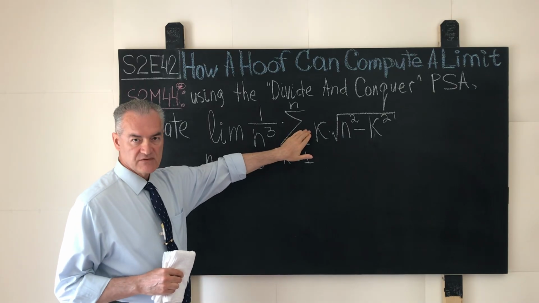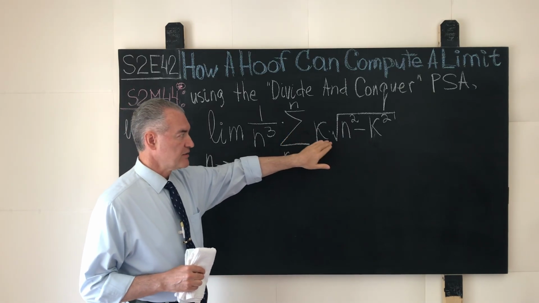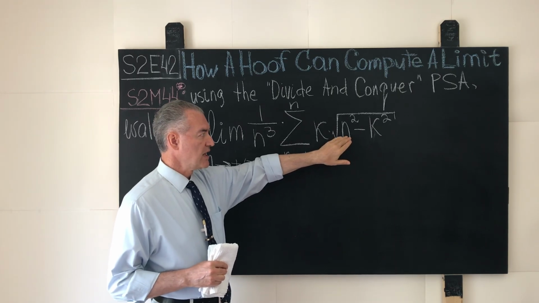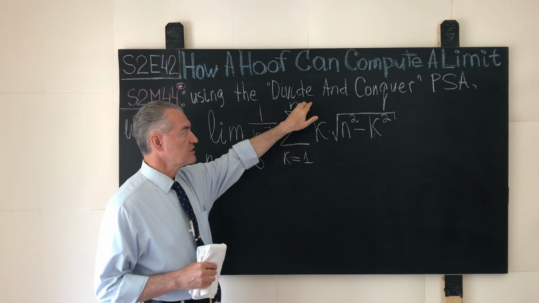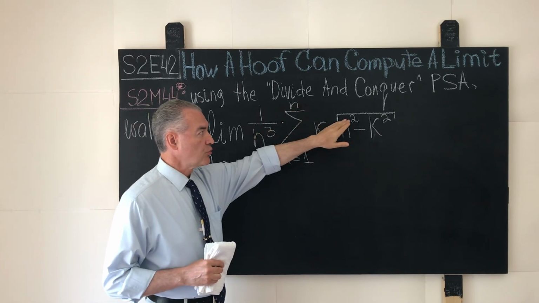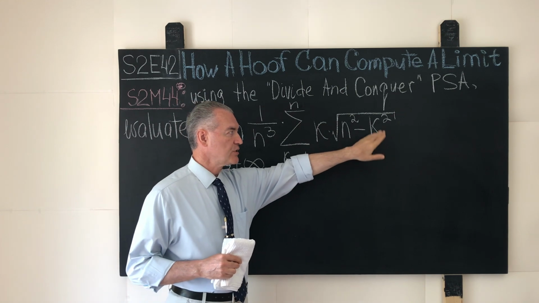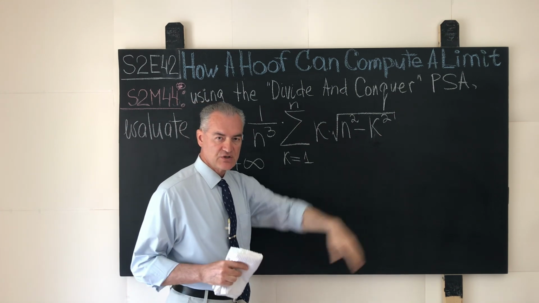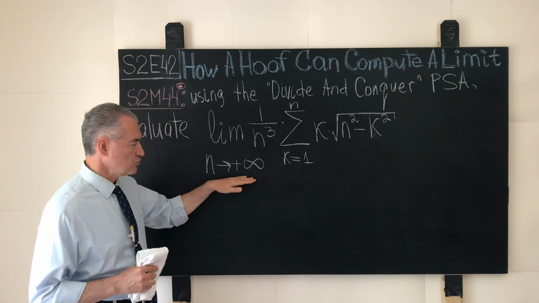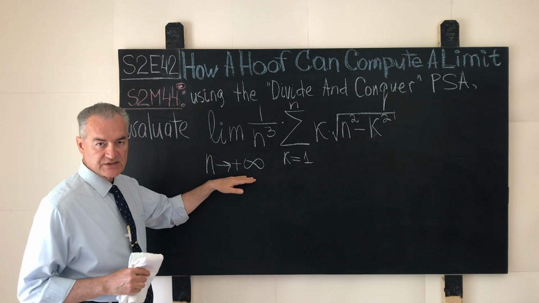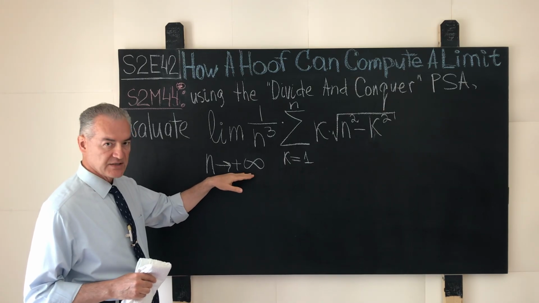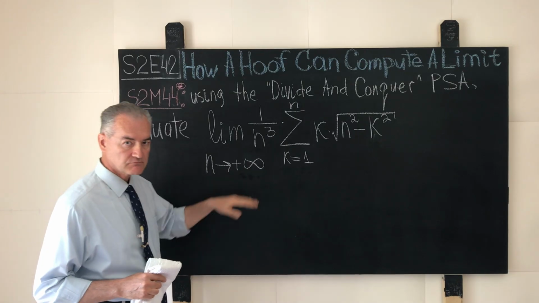The dummy summation variable k is multiplied by the square root that is extracted from the following expression: n, the number n that figures in the upper boundary of this sum, squared minus k squared, where k again is the dummy summation variable. The condition or the predicate of this limit is shown over here. The set whole positive number n grows without bound, or n tends to positive infinity.